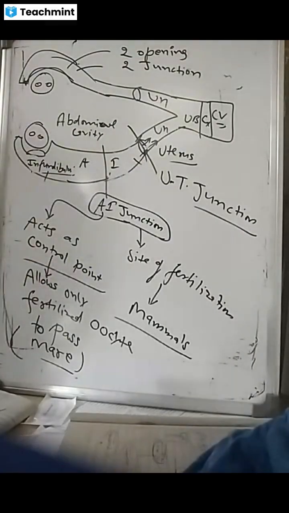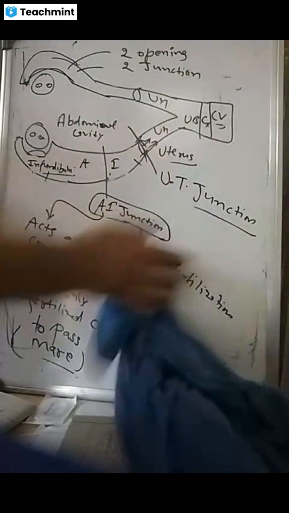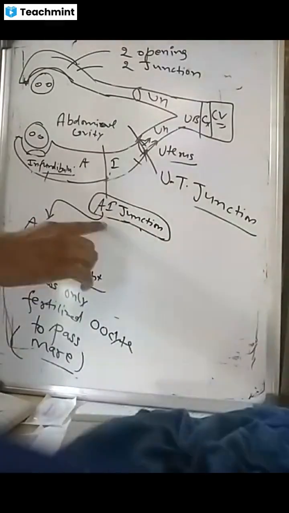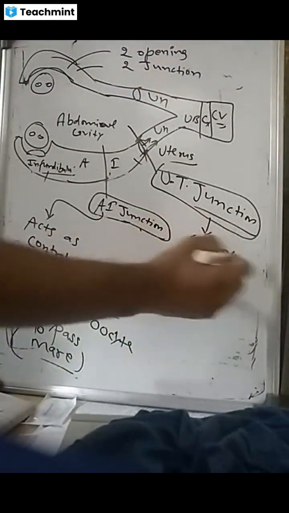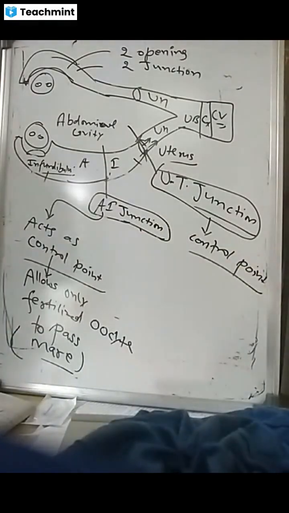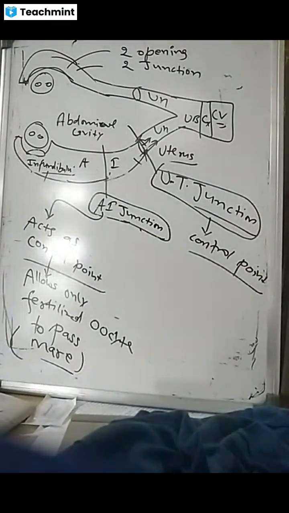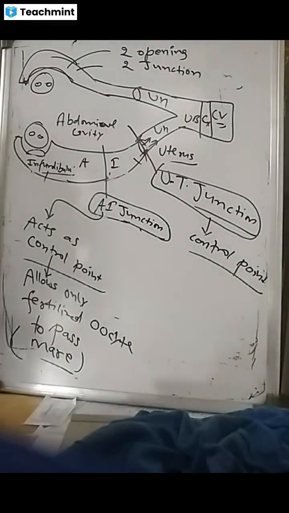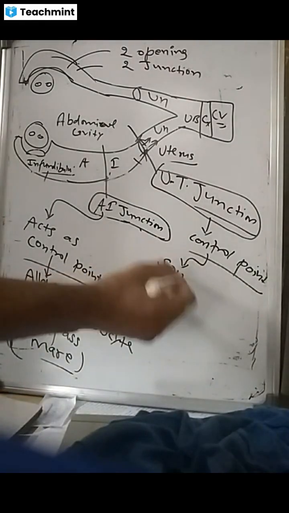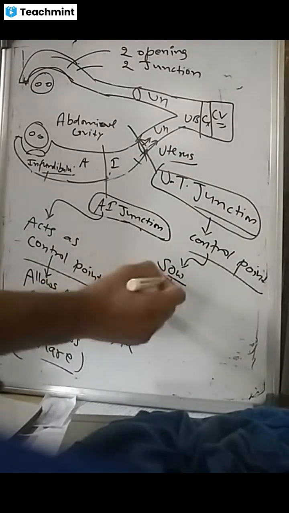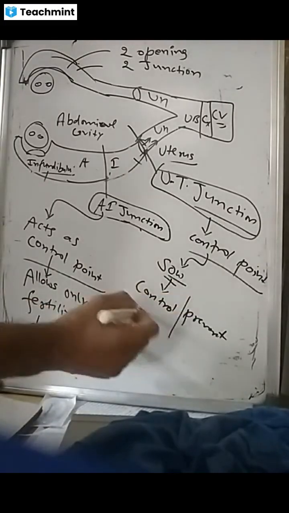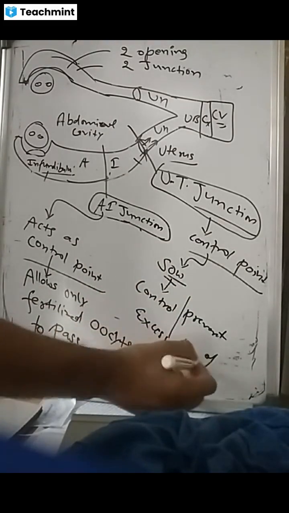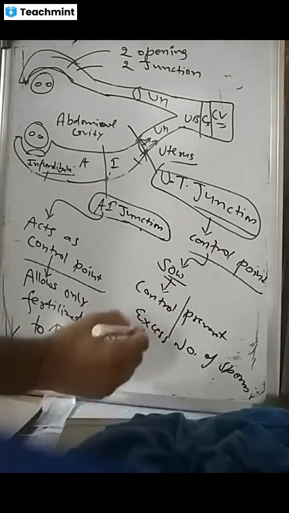The ampullary-isthmic junction is a site of fertilization in mammals. Similarly, this junction also acts as a control point, in case of sow, to control or prevent access or entry of extra sperm.